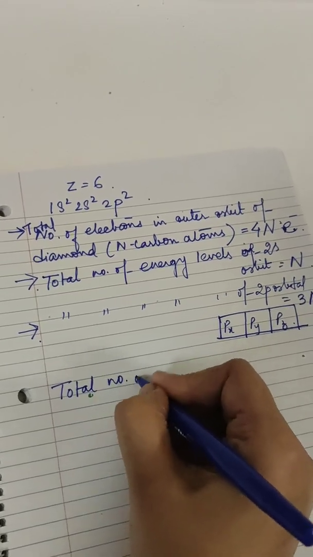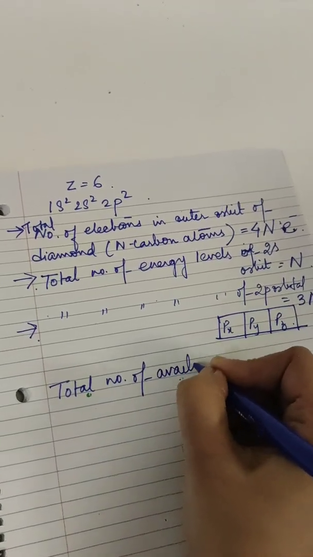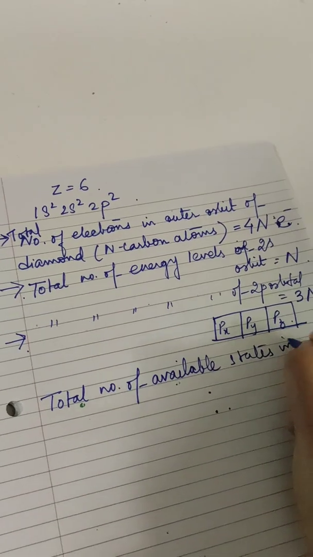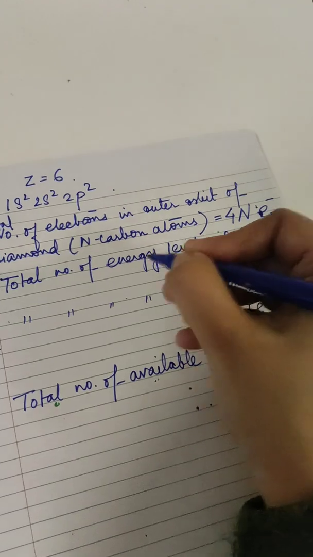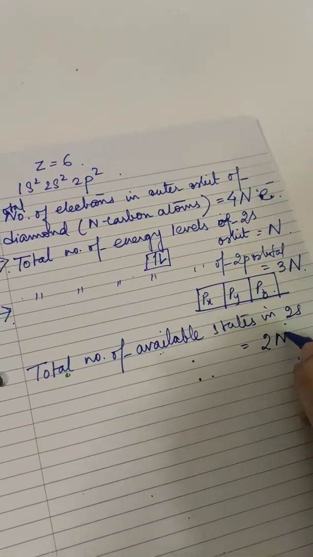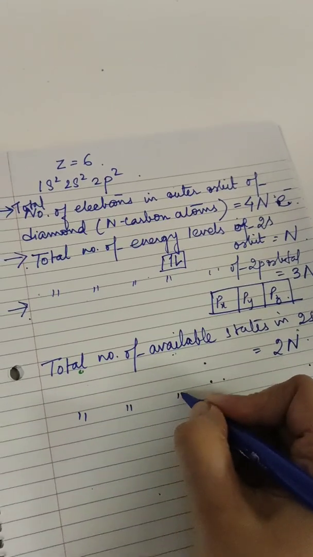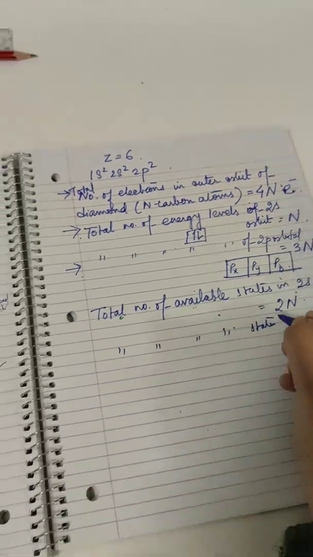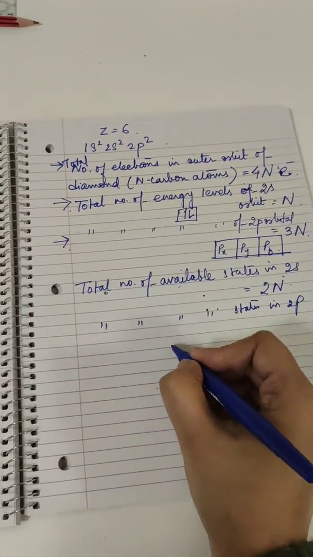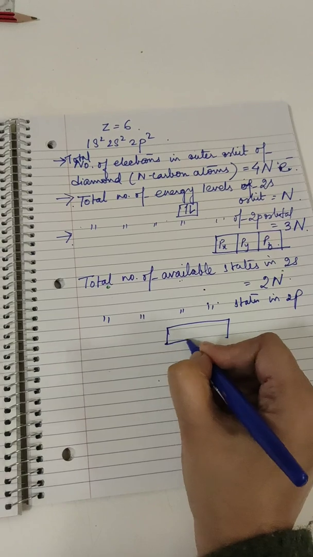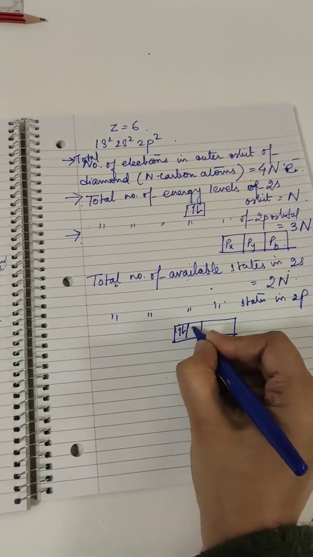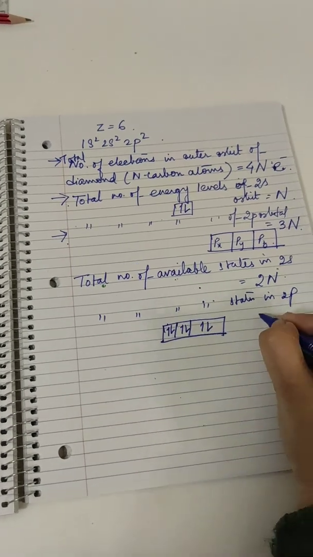Total number of available states in the 2s orbital: 2s can accommodate 2 electrons, so 2n. Total number of available states in 2p: how many can it accommodate, not how many is there? There are 2 only, but it can accommodate 1, 2, 3, 4, 5, 6, so 6n.